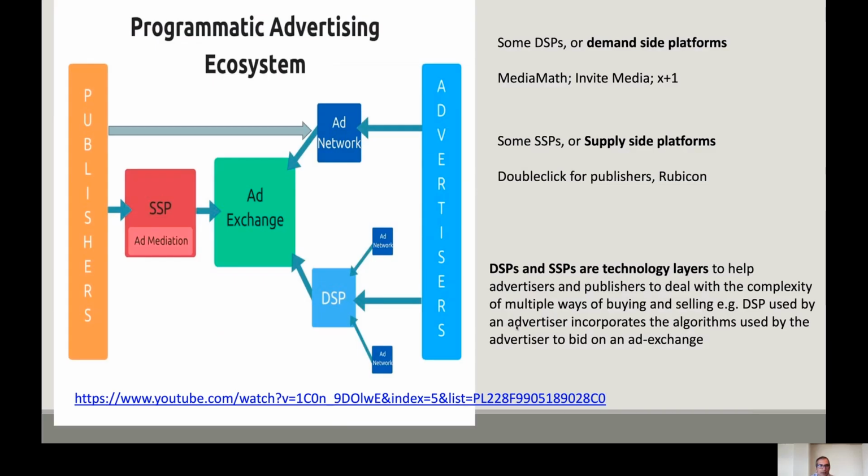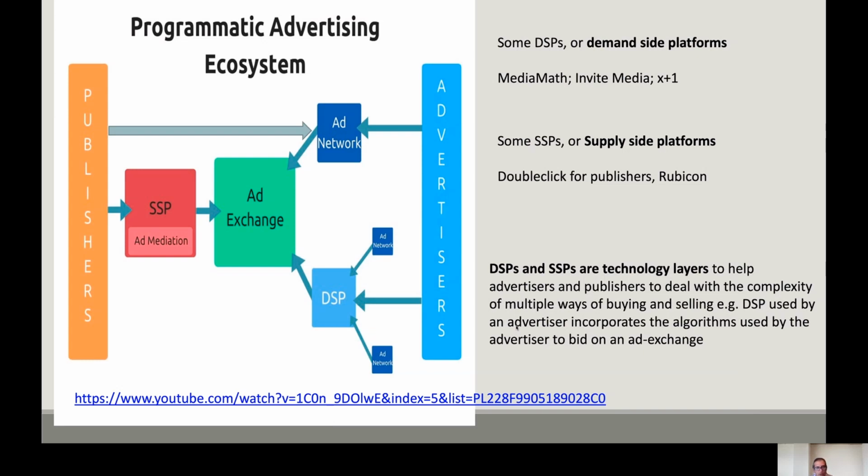Okay. Now, so you can see over time, because ad exchanges came in, it does not mean that the ad networks stop functioning, right? So they're also there. The ad exchanges are also there. And in addition, because there are so many different ways in which an advertiser can buy ads, and so many different ways in which a publisher can sell ads, it has become very complicated, right?